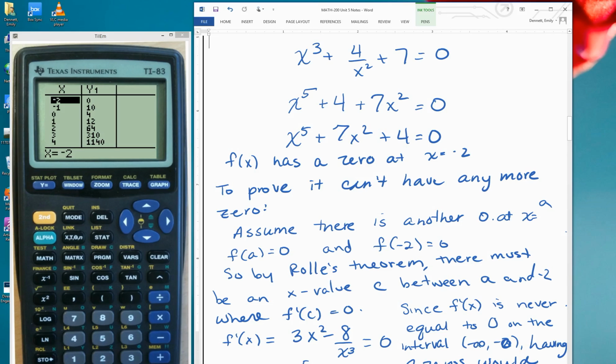Therefore, we can't have two zeros. All we did here was say we know Rolle's theorem is true. It always has to be true. And if this had two zeros, then Rolle's theorem wouldn't work. But since we know Rolle's theorem has to be true, the assumption that we made that there were two zeros has to be false.